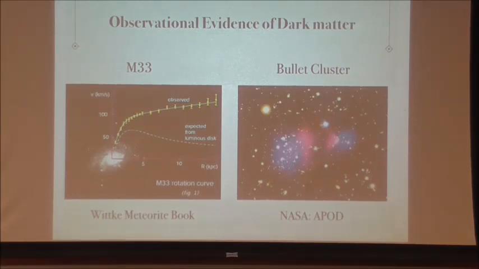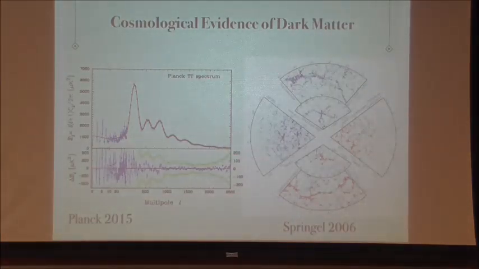This is more direct evidence from individual objects. Now we can go to cosmological evidence: the cosmic microwave background and large-scale structure. This is the temperature correlations from the CMB from the Planck satellite, and our lambda CDM model fits the data extremely well.